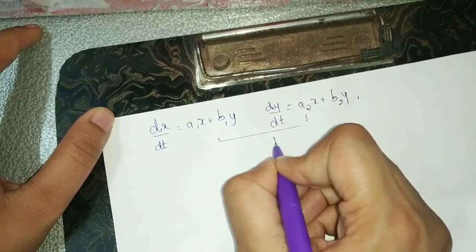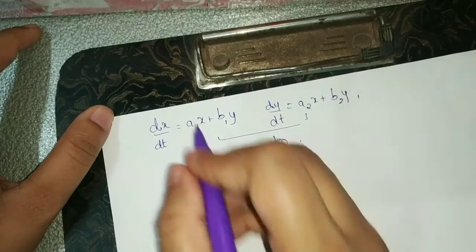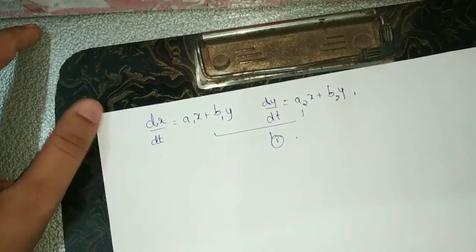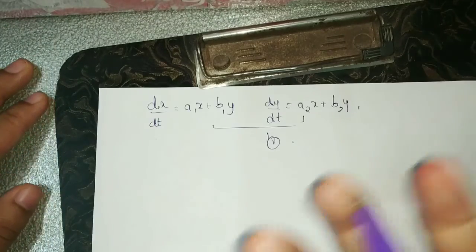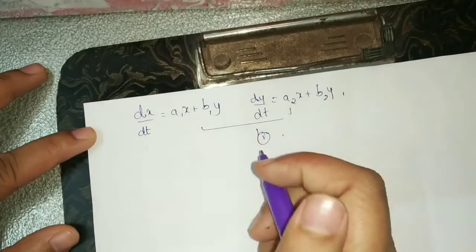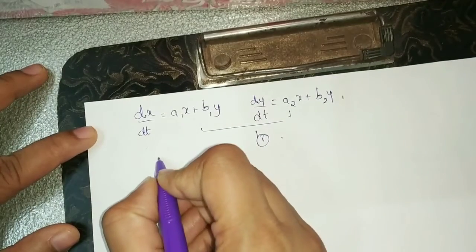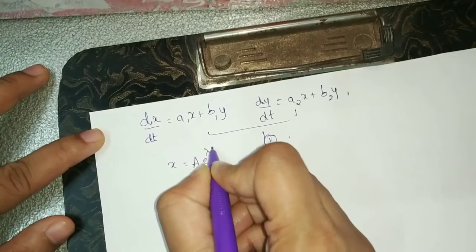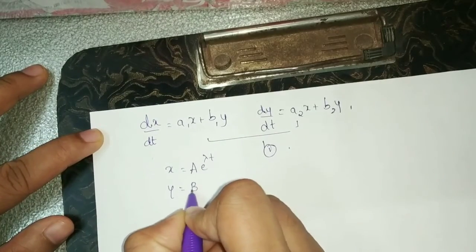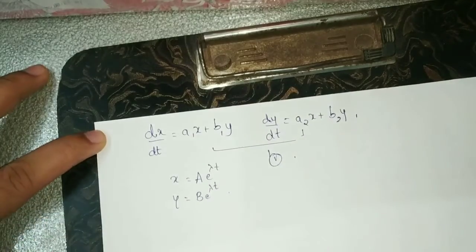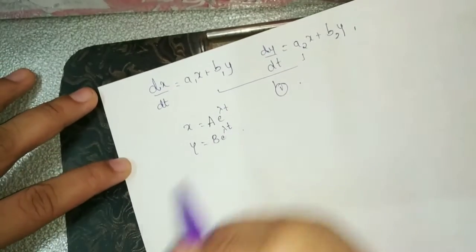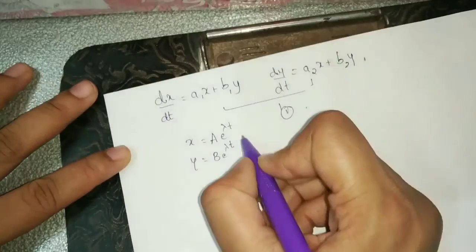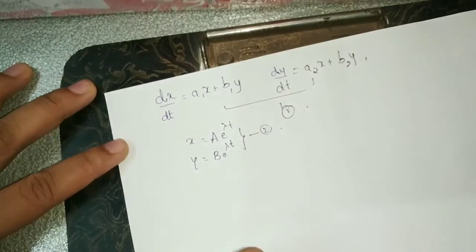Call this system 1. a1, b1, a2, b2 are constants, real numbers, and as usual we know the solution will be in the form x equal to A into e raised to lambda t, y equal to B into e raised to lambda t, where A, B and lambda are constants. Call this equation 2.